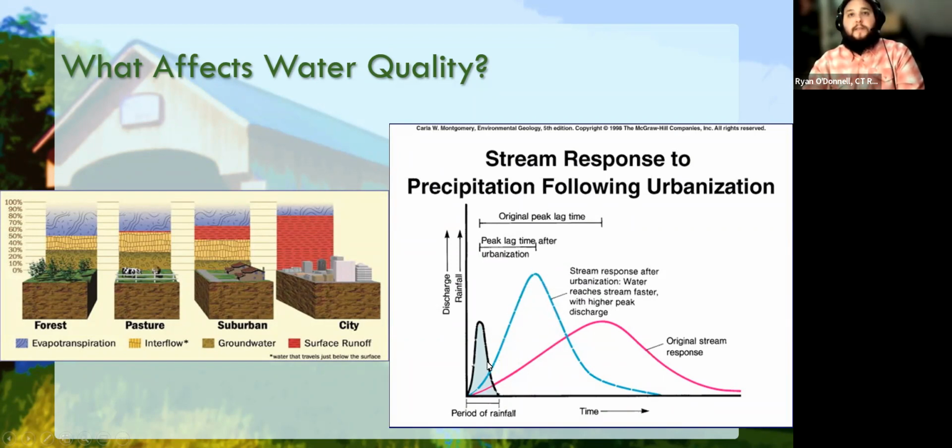And what we see is for the same period of rain, you have a quicker increase, a higher peak, and a quicker decrease. Which would mean more flooding, more flashy flooding is what we call it. Whereas in a forest, some water gets there really quickly, some water gets there a little slower, and so you have a lower ramp and then a lower peak.